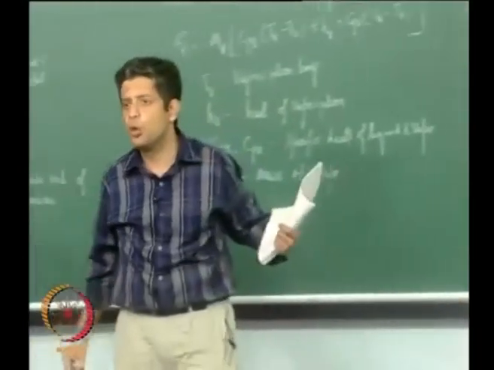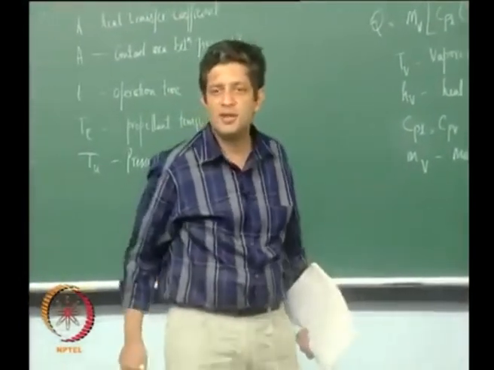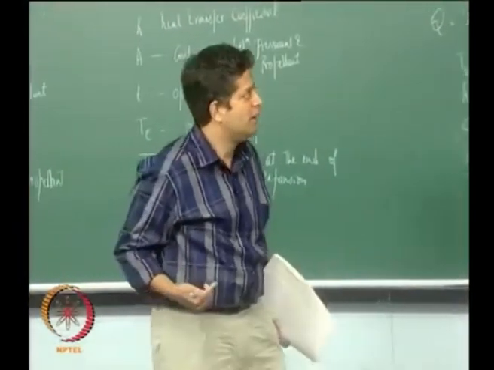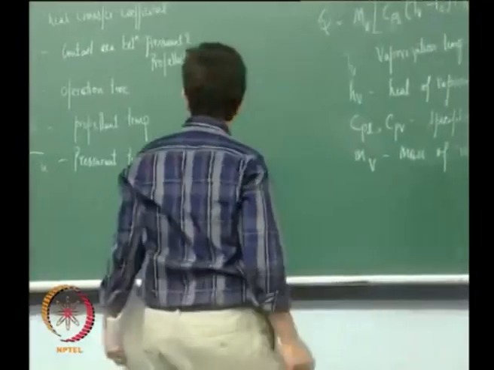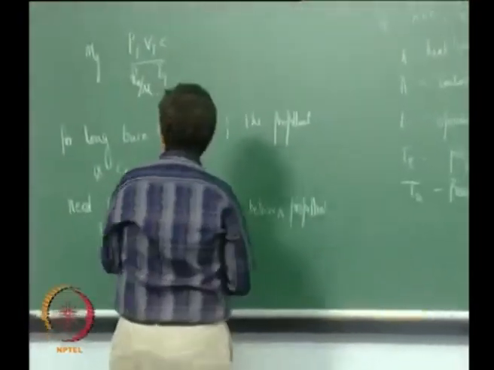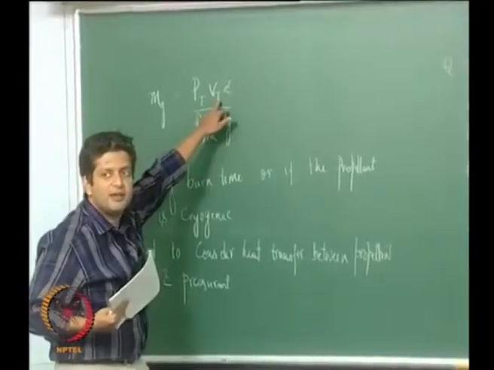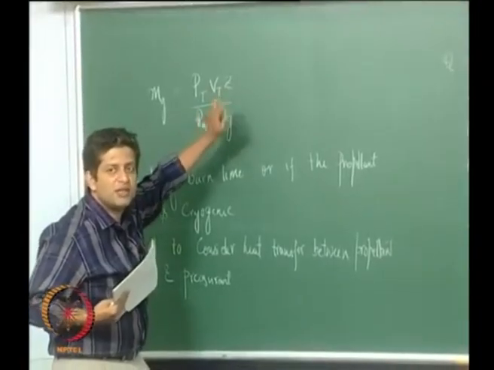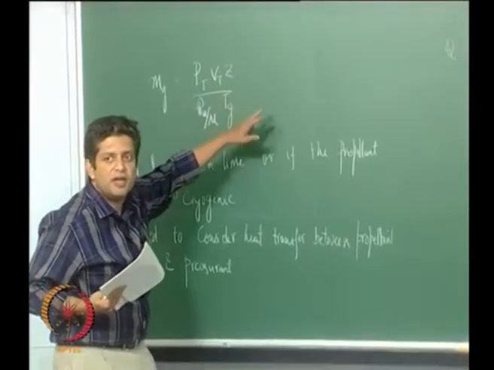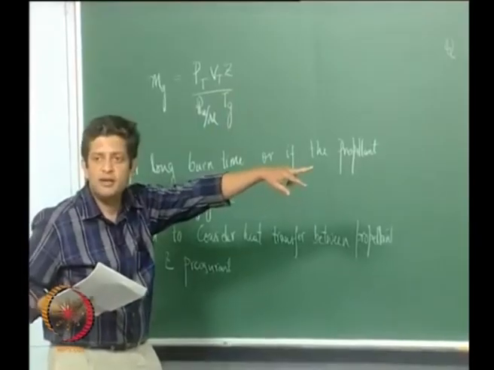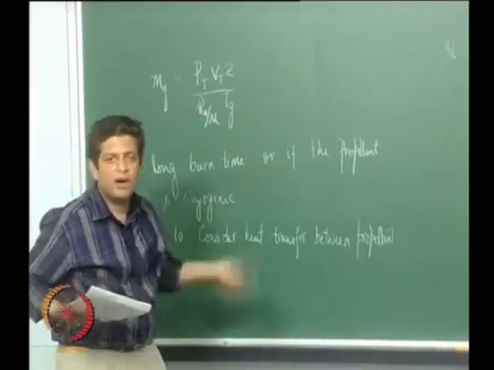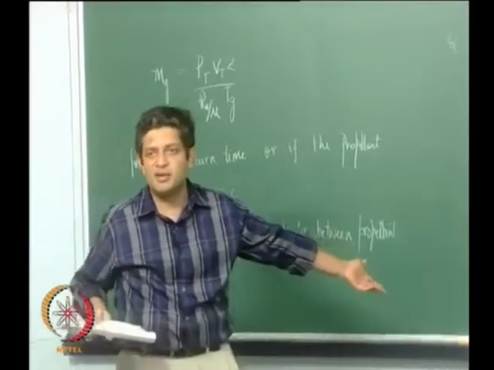So we know the volume of vapor that is going to be evaporated, and this is the volume of the tank. So the volume of the pressurant that is required is Vt minus Vv. Part of the vapor is already given by the propellant itself.